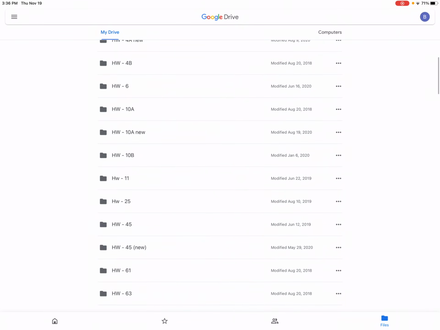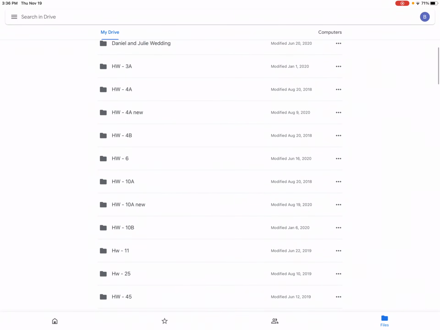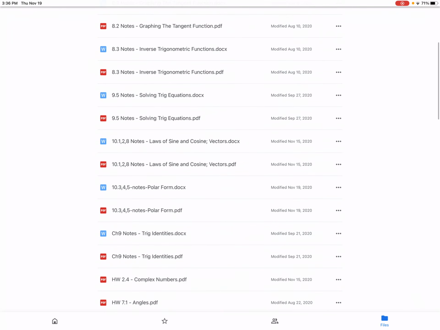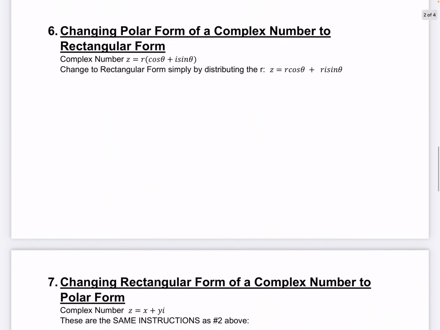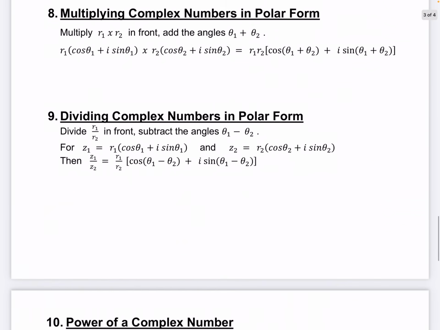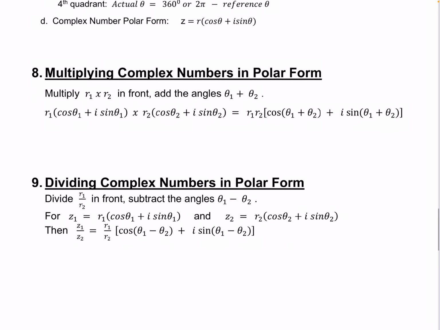When you multiply, where is it? There it is, right there, number 8. When you multiply complex numbers, you see what you do there? You multiply the numbers in the front and add the angles, right?